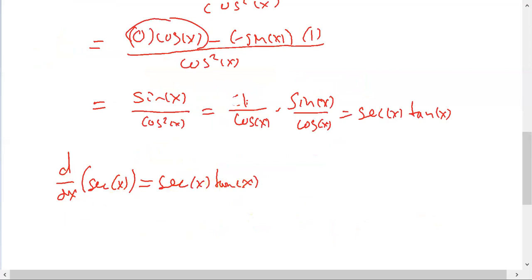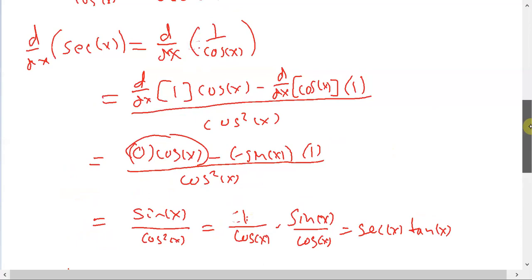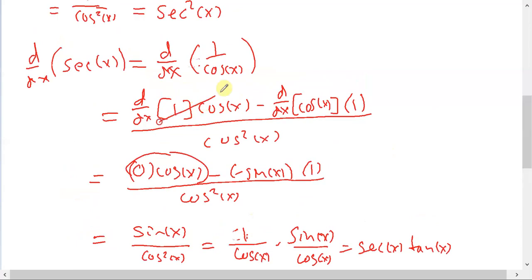In a very similar way, if I were taking the derivative of cosecant, I won't write it all the way out, but cosecant is 1 over sine, and then if you go through your quotient rule back up here, I'm still going to get a 0 here, but I got 1 over sine.